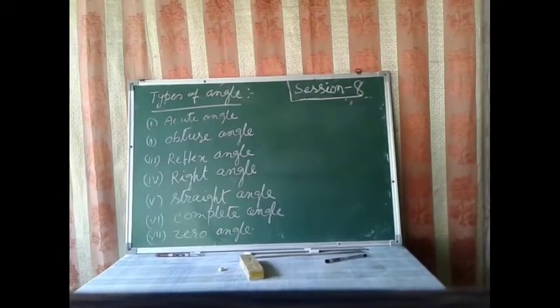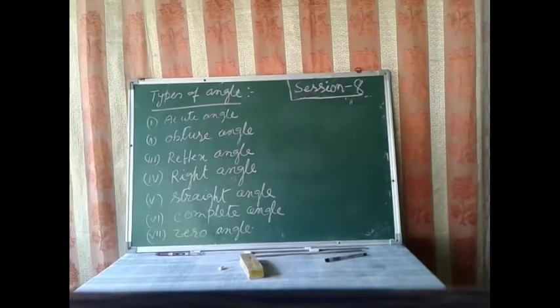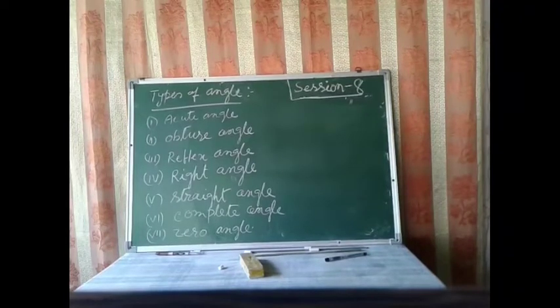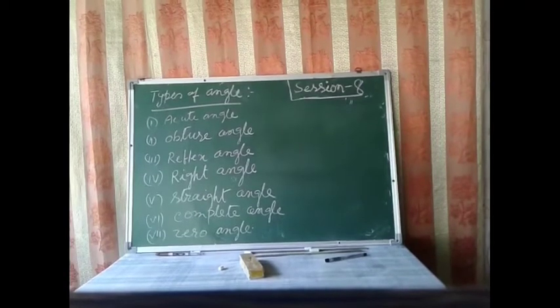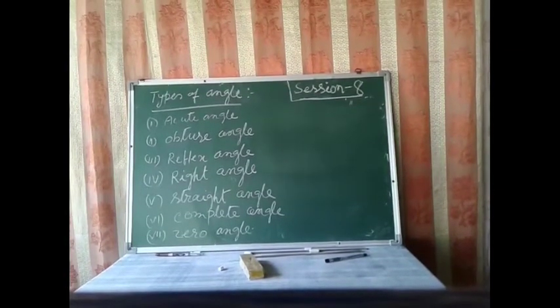An angle measuring more than 0 degrees but less than 90 degrees is called an acute angle. Some examples of acute angles are 30 degrees, 45 degrees, 75 degrees, 80 degrees, 89 degrees, etc.